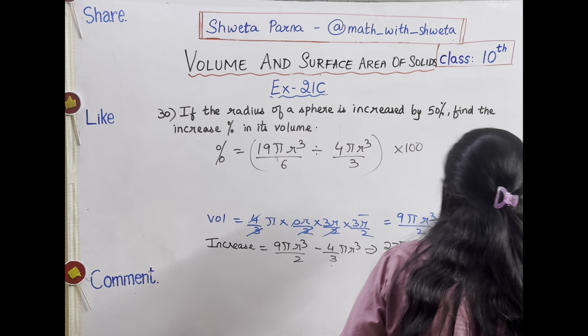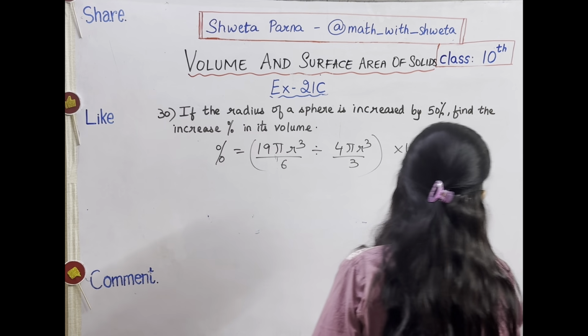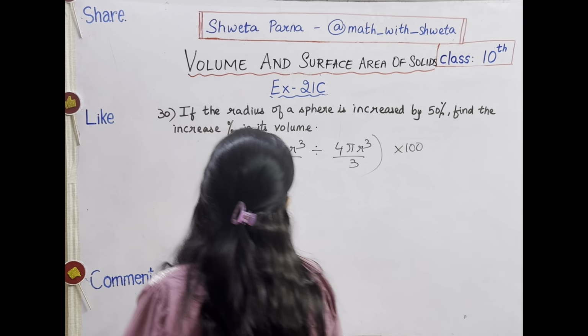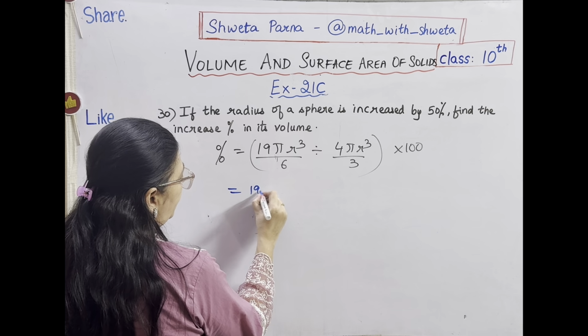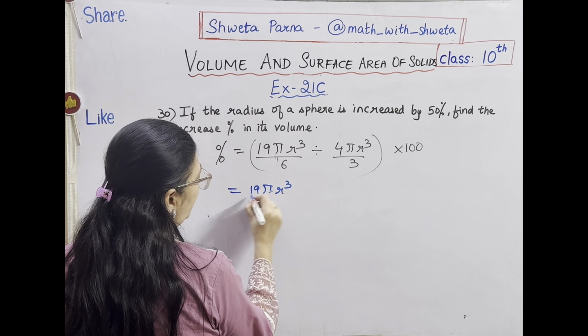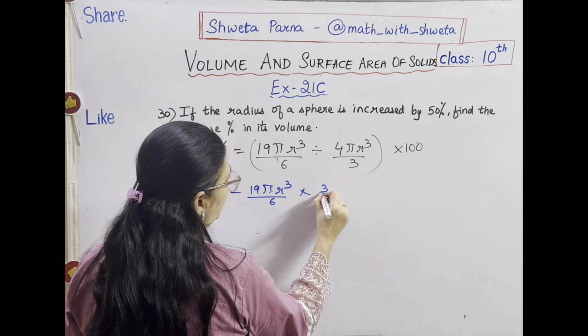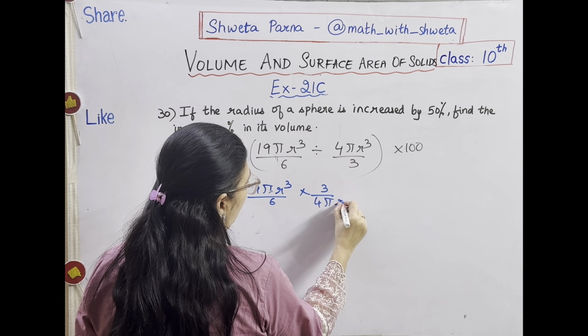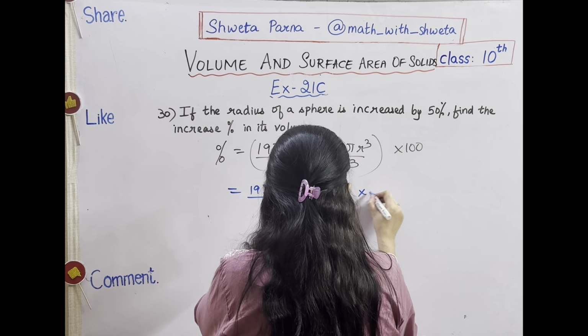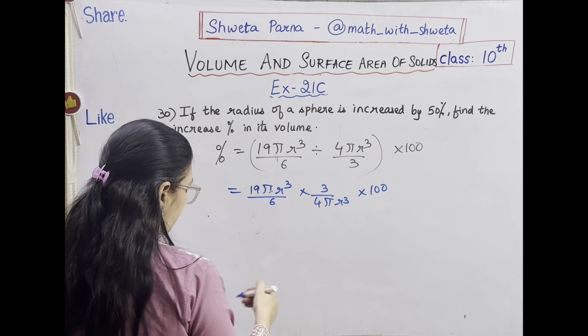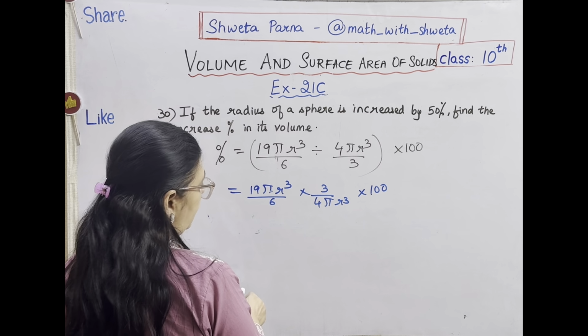So, this is equal to 19 pi r cube upon 6 into 3 upon 4 pi r cube into 100. Now, let's cancel.